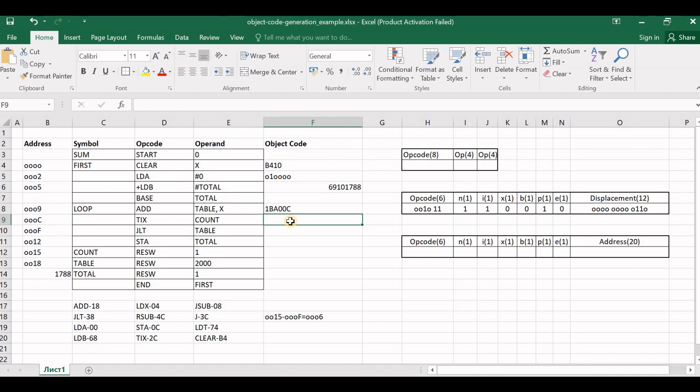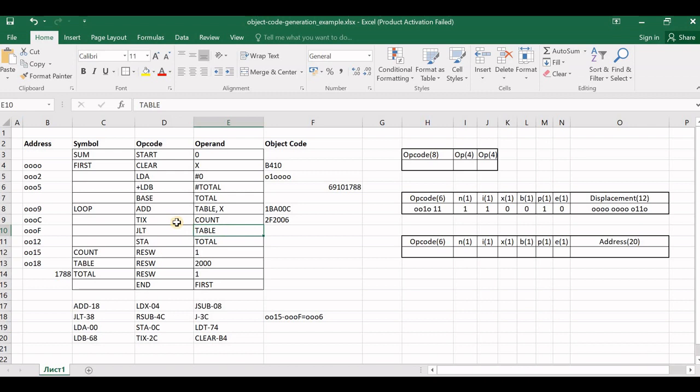When you group together, the hexadecimal equivalent will be 2F2006. 2F2006 is the hexadecimal object code for the instruction TIX count.